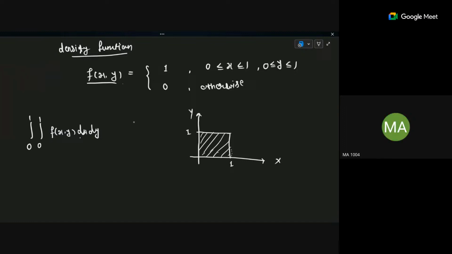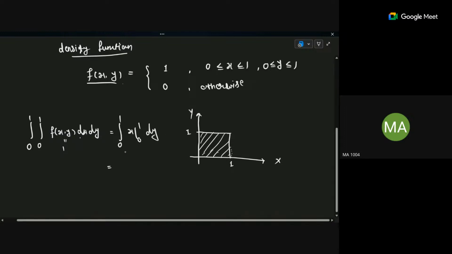The function is equal to 1 here. So when you integrate 1 dx, it's nothing but x, and then from 0 to 1 dy. Once you put in the values, it's nothing but 1, right?